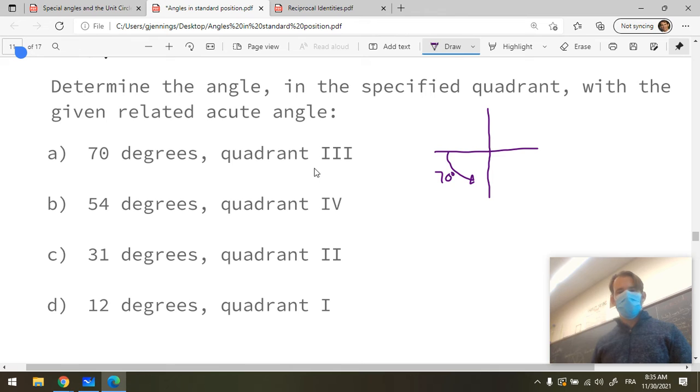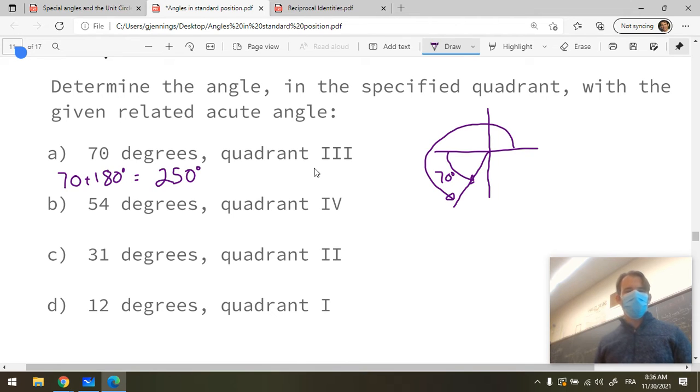And I want to know, well, what is that angle if I would have started there? Very good. And you did that by adding 70 plus 180. Equals 250 degrees. Good. 54 degrees, but it's in quadrant 4.